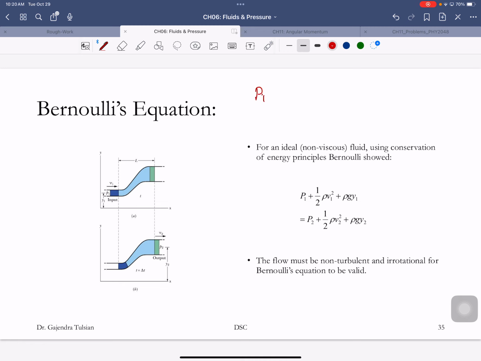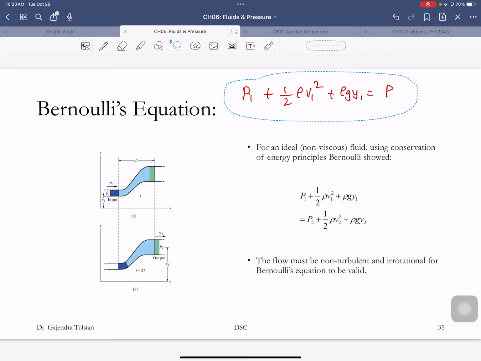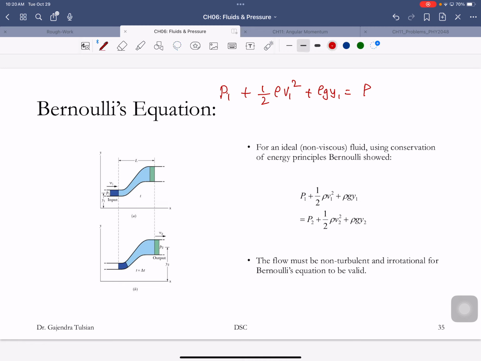P1 plus 1/2 rho V1 squared plus rho g y1 equals P2 plus 1/2 rho V2 squared plus rho g y2. For simplicity, we'll consider the case where y1 is equal to y2, so these terms cancel.